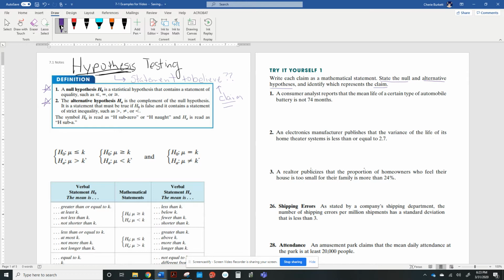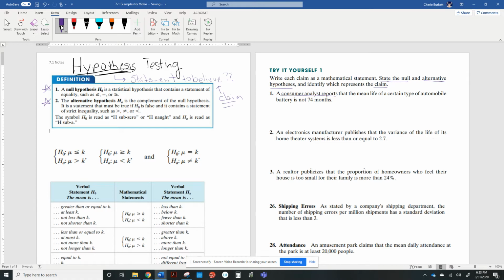So here, the consumer analyst reports. Okay, so we've got some dude or group of people who wrote a report, and they want us to believe that the average life of a certain type of automobile battery is not 74 months.